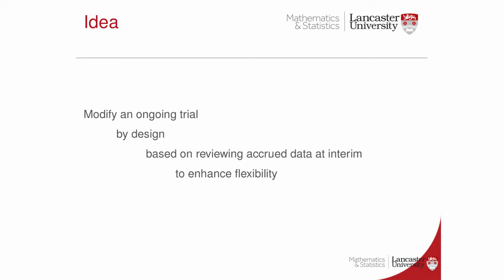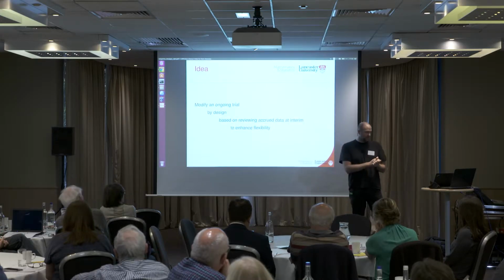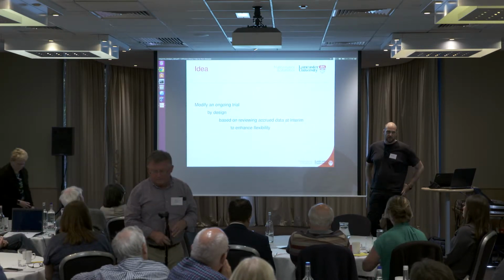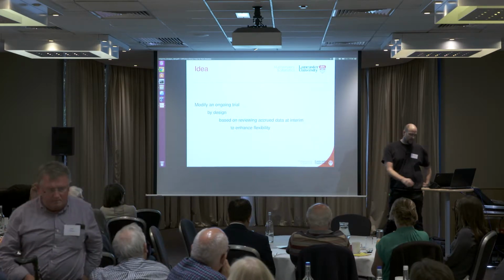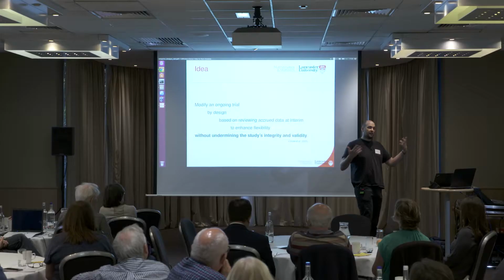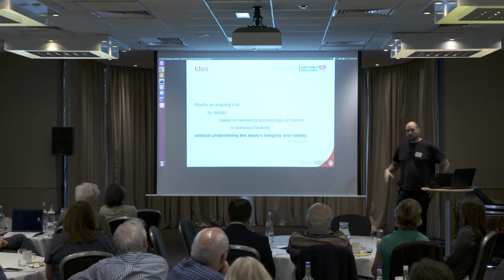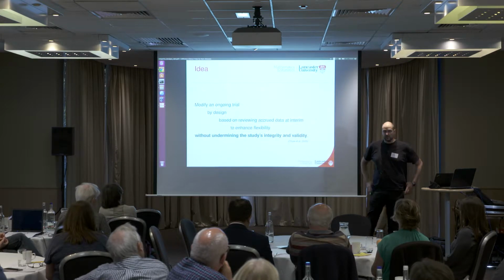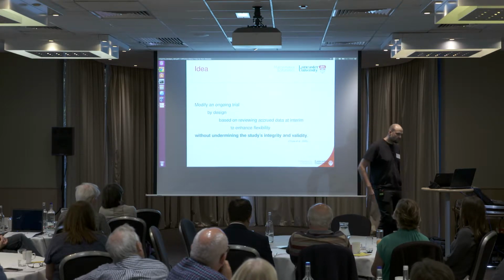We do that by design, so we think a priori what sort of modifications might be of interest, and I'll give a couple of examples in a little bit, in order to get a bit of flexibility in our design, in our decision making. And the key part is, of course, we want to do that without undermining the study's integrity so that the results from this study can be interpreted in the same way as your standard clinical trial, your standard randomized controlled study would be.